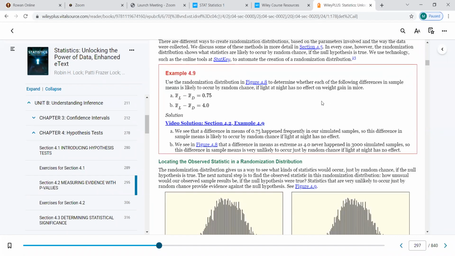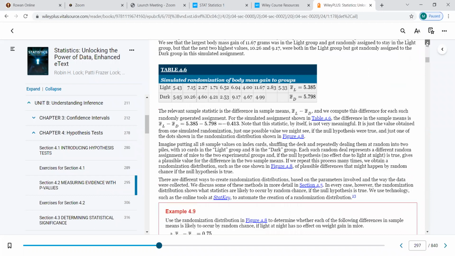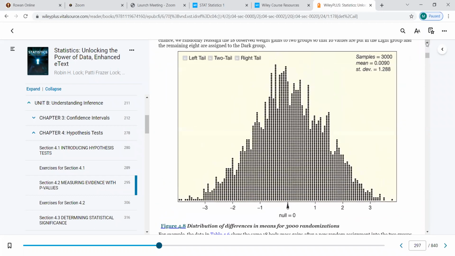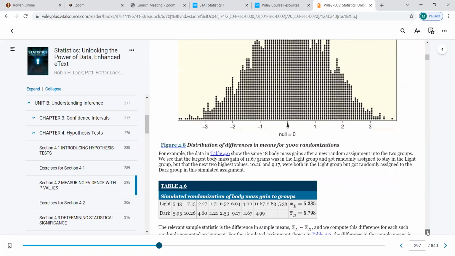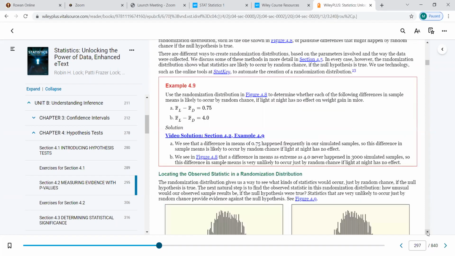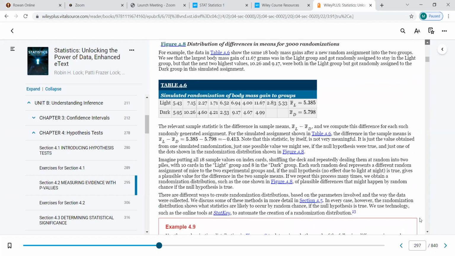Now, suppose we created a randomization distribution like the one we just saw. Let's go back. We create something like this. And suppose we have two different samples that are each one of those dots in the randomization distribution. One of them has a difference of 0.75 and the other has a difference of 4. Let's scroll down.